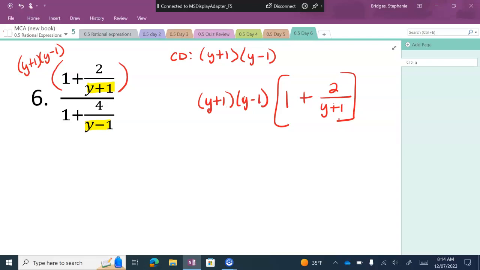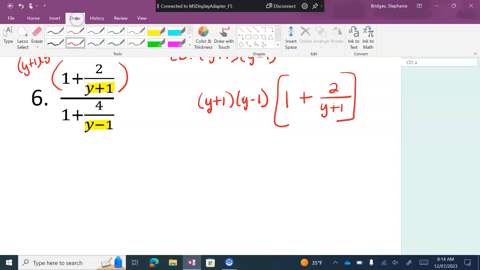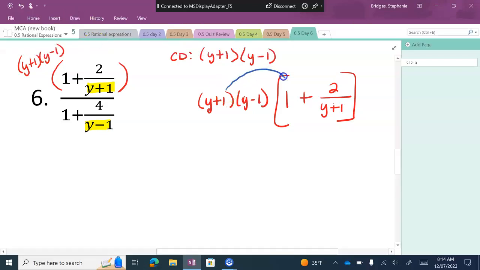I'm going to go slow so everybody has a chance to write and look at the same time. Okay, so my common denominator, y plus 1 and y minus 1, is being multiplied by that entire numerator of this complex fraction. So let's start here. If I multiply those by 1, what am I left with? Y plus 1 and y minus 1, right? Nothing cancels there.